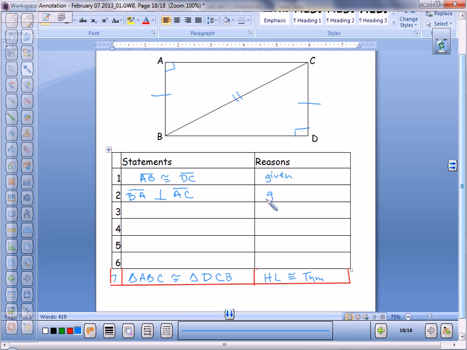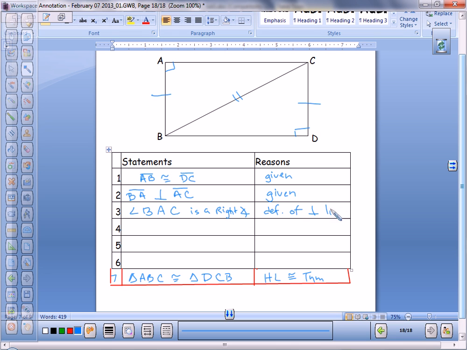Angle BAC is a right angle. And that is because of the definition of what? Perpendicular lines. If lines are perpendicular, they form a right angle.